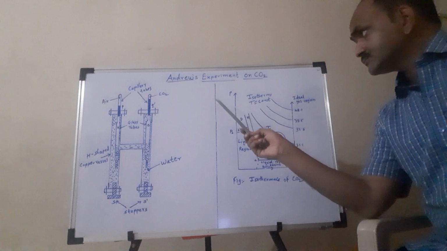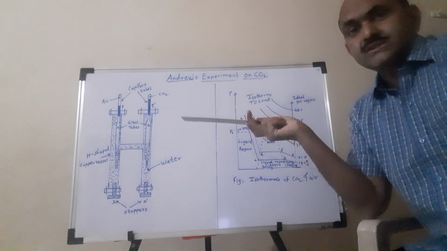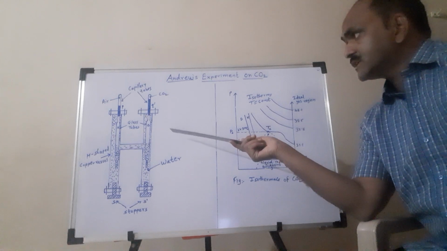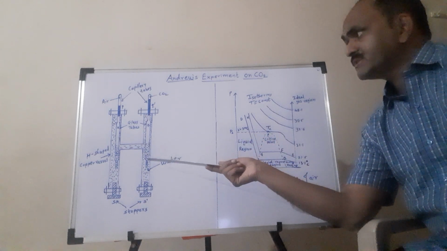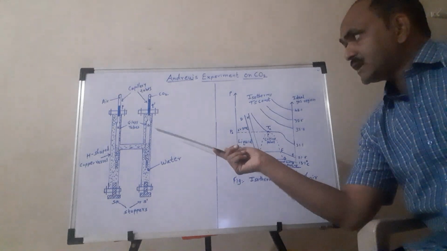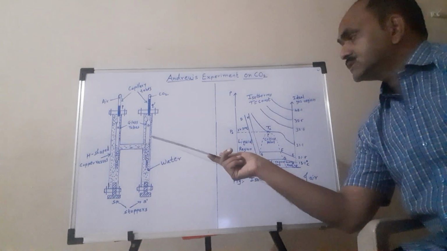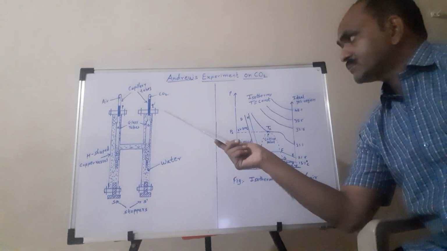So this is the construction of the Andrews experiment. This is the H-shaped copper vessel. A and B are the two glass tubes. The upper portion is in the form of a capillary.